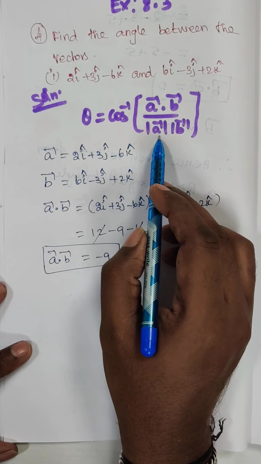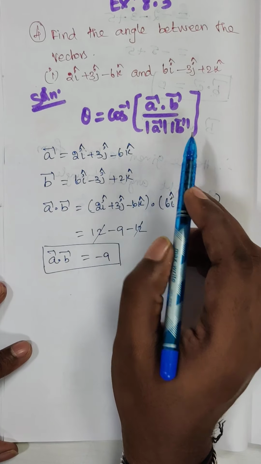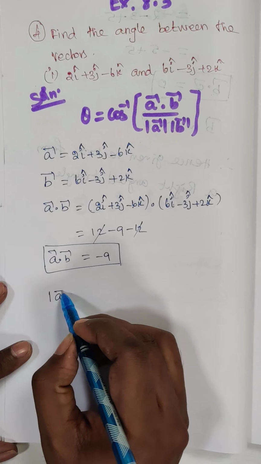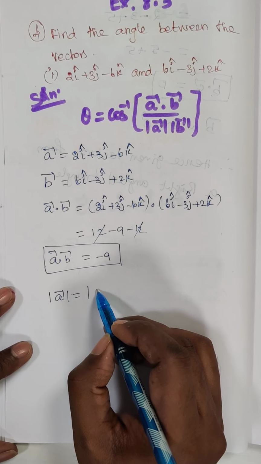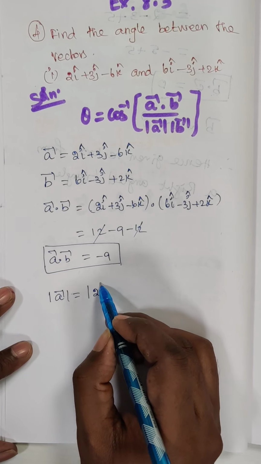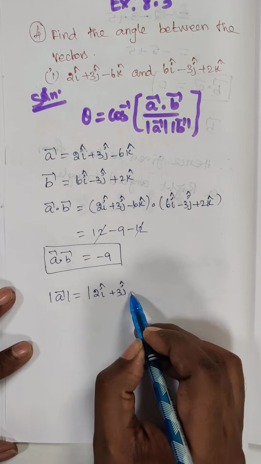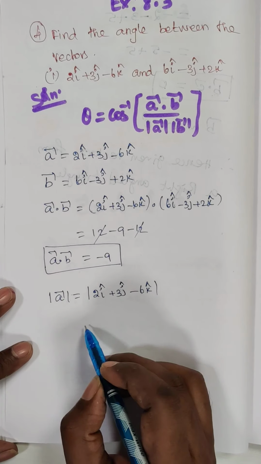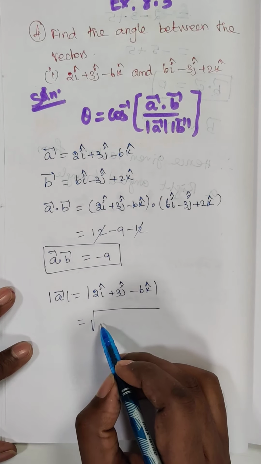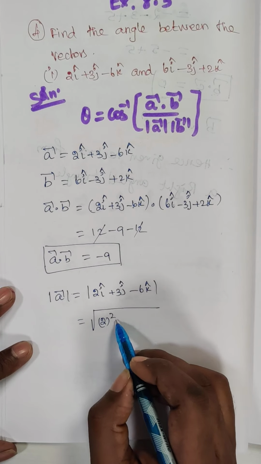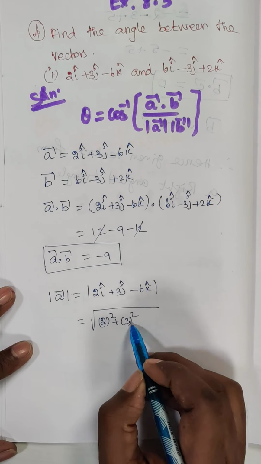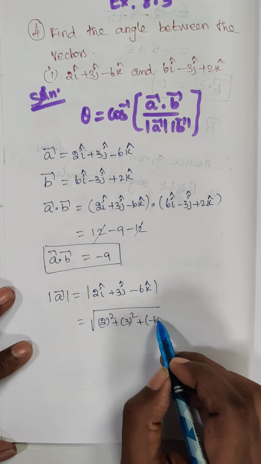Next we have to find modulus of a vector and modulus of b vector. First, mod of a vector is equal to modulus of 2i cap plus 3j cap minus 6k cap. So modulus means square root of 2 square plus 3 square plus minus 6 square.